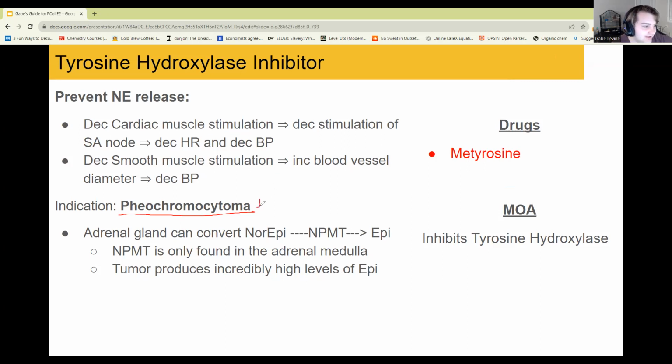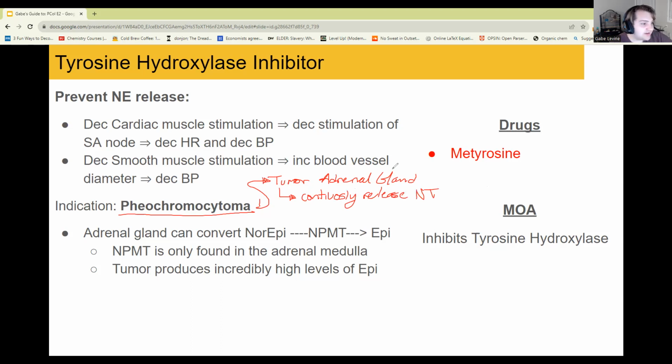Totally fine. So pheochromocytoma is a tumor in the adrenal gland. And what this is going to do is, like any tumor, it's like the tissue on steroids. It is just going to continuously release neurotransmitters.